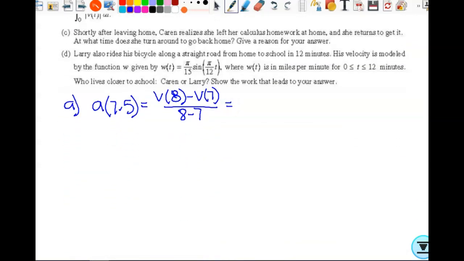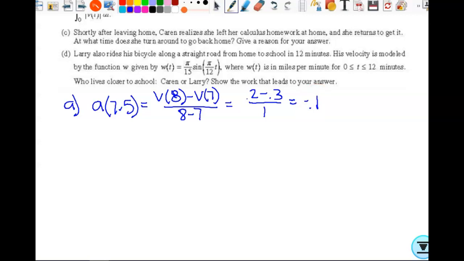So what is v of 8? 0.2 minus v of 7, which is 0.3 over 1. Okay, and this is a calculator question. You can leave it like this, but you might need the number. So since you have a calculator, what's 0.2 minus 0.3? Negative 0.1.